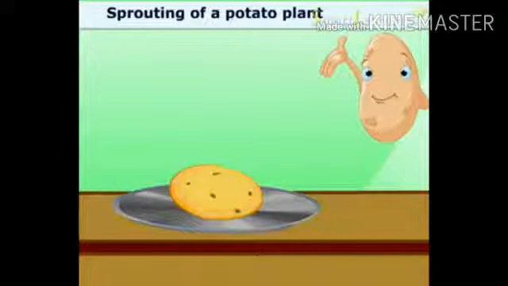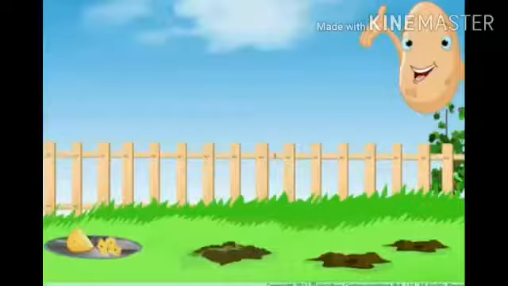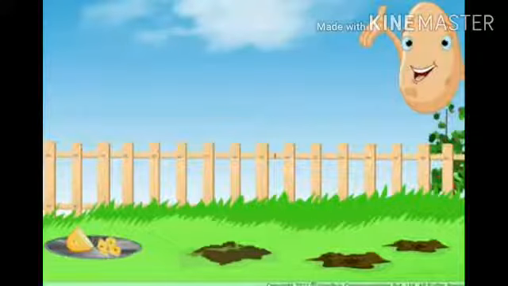Potato is an example of vegetative propagation through stem. First we take a potato and cut it into different pieces, 5 to 6 pieces. It is to be noted that each piece of potato bears a node, which is very commonly used in vegetative propagation technique.